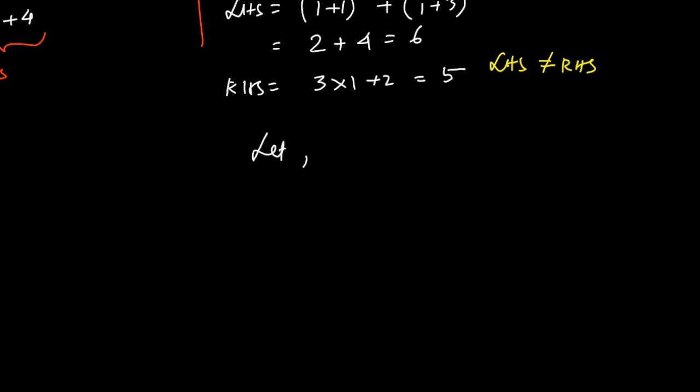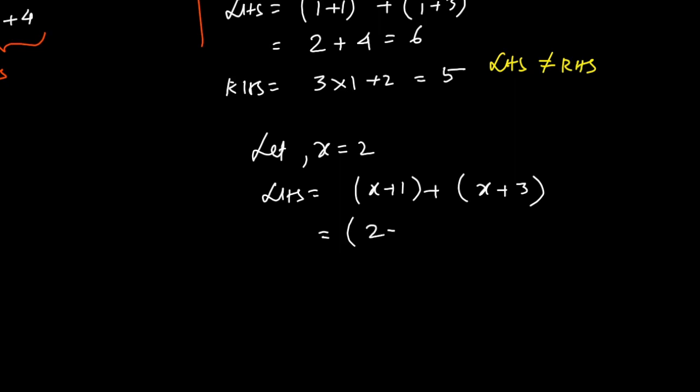Let x equal to 2. So the left hand side becomes x plus 1 plus x plus 3 equal to 2 plus 1 plus 2 plus 3 equal to 3 plus 2 plus 3, 5 plus 3, 8.